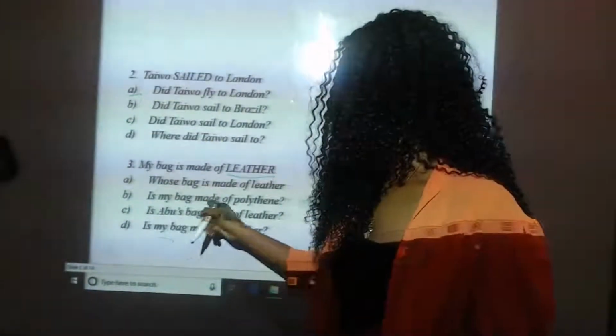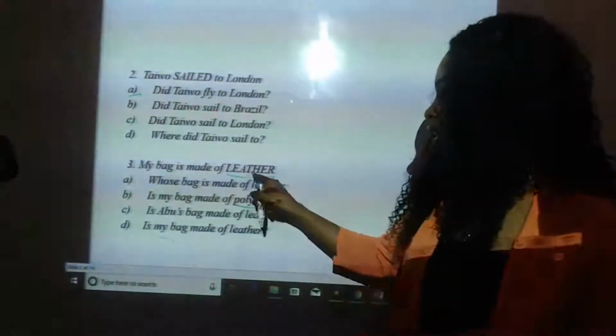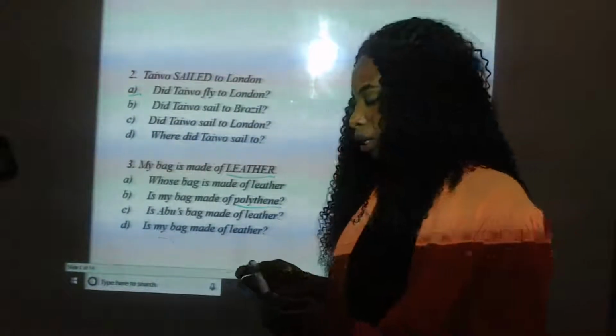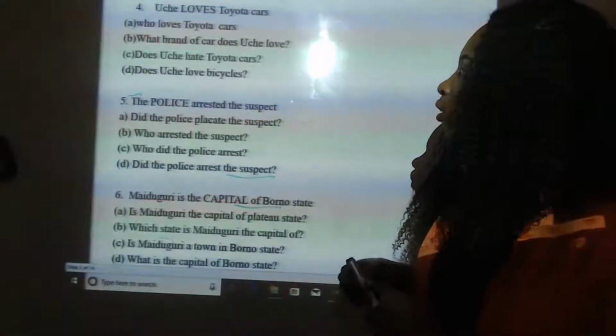C, is Abel's bag made of leather? D, is my bag made of leather? Our answer is what? Is my bag made of polythene? The answer will now be my bag is made of leather. This answers the question.